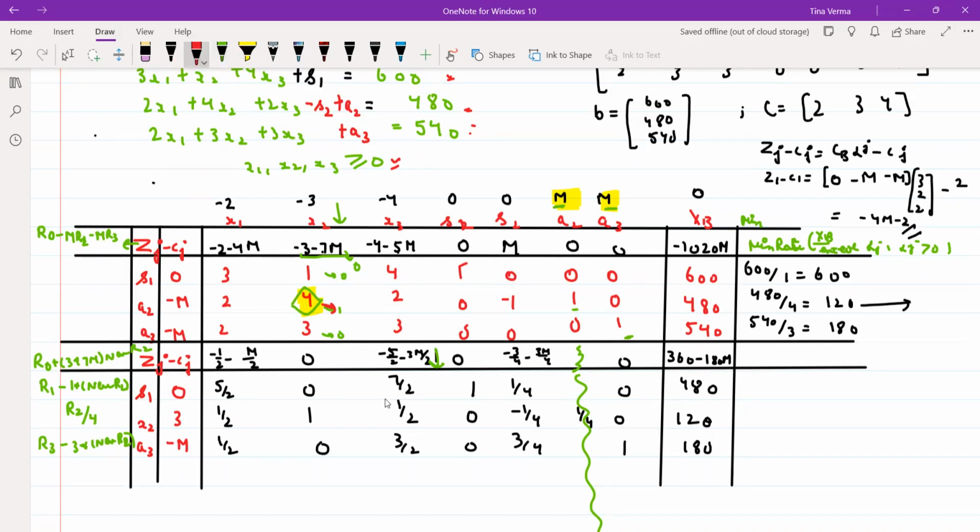So if this is my entering variable, I have to decide the leaving variable. So my leaving variable will be 480 divided by 7 by 2, 120 divided by 1 by 2. This is giving me answer as 960 by 7. This is giving me answer as 240. And this is 180 divided by 3 by 2. So that will give me answer as 120.